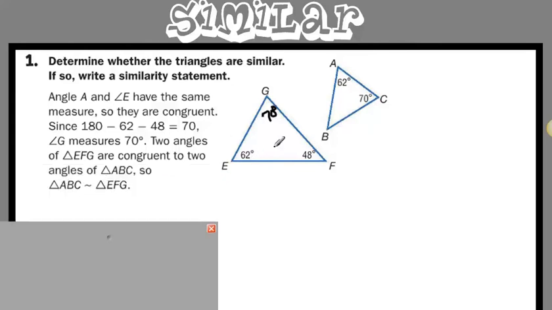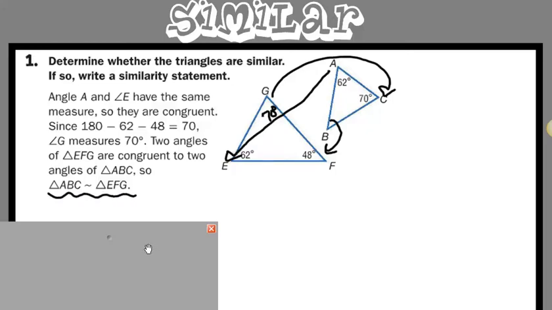So triangle ABC is similar to triangle EFG. Notice the F and B are aligned, the G and C are aligned, and the A and E are aligned in this statement. Very important that the congruent angles match up. Make sure that's included.